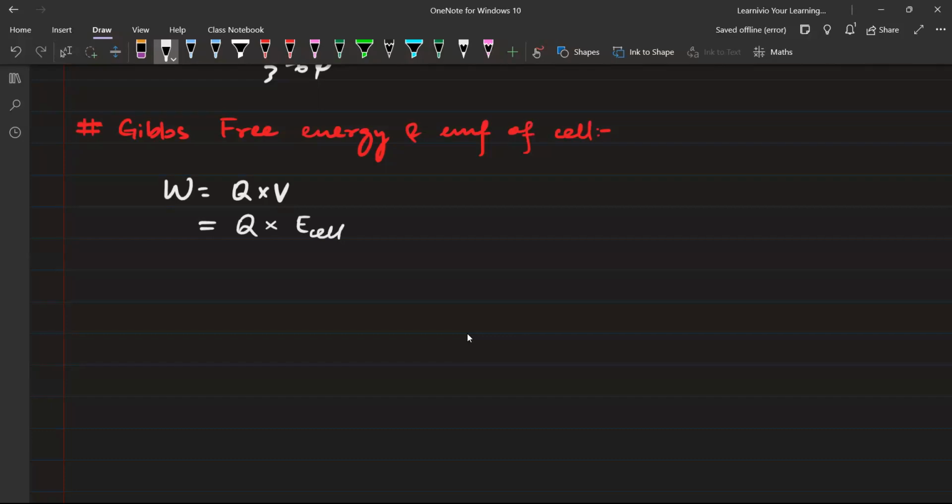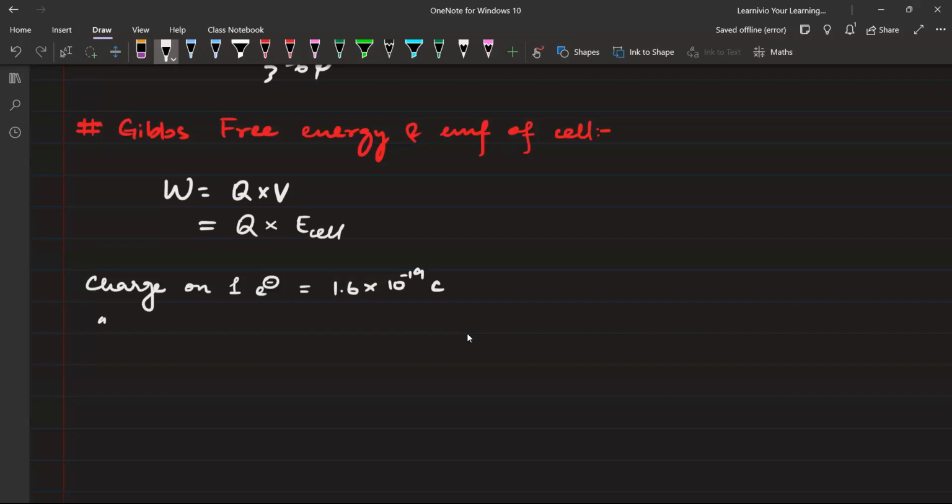Whenever a reaction takes place, we consider 1 mole of electron. 1 mole of Ag gives out 1 mole of Ag plus and 1 mole of electron. So the charge on 1 electron is equal to 1.6 into 10 to the power minus 19 coulombs.